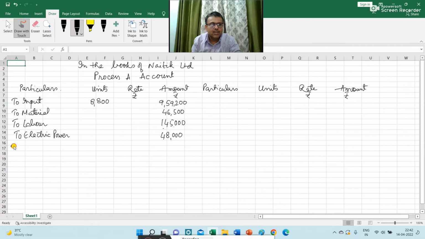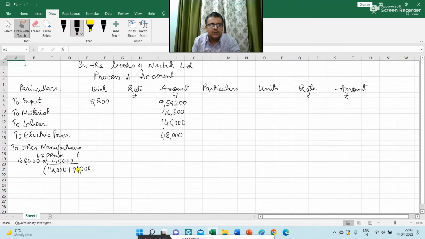Then to other manufacturing expenses. Now it is given in the question that total other manufacturing expense is 1,68,000 that will be allocated to process A and B in the ratio of labor cost. So labor cost in process A is given as 1,45,000 and the total labor cost for process A and process B is 1,45,000 plus 95,000.